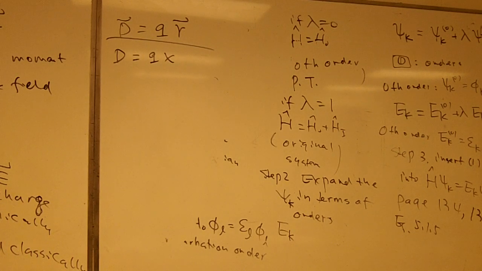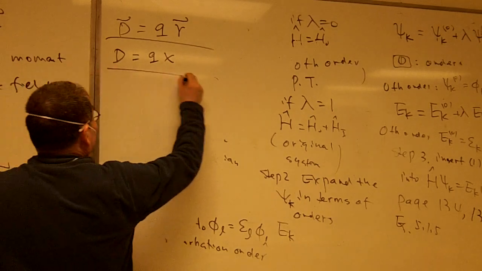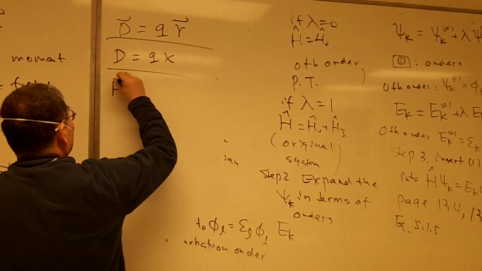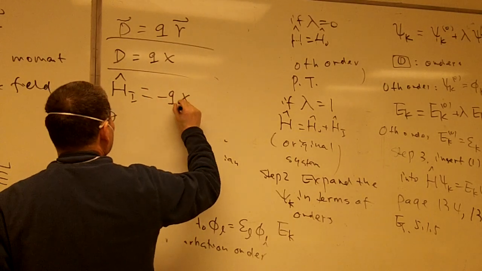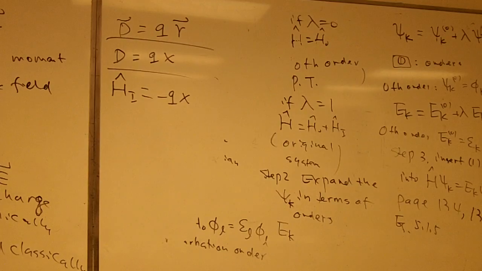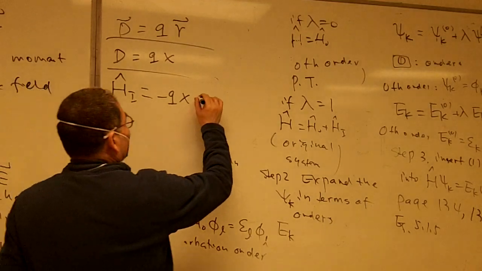So in other words, in one dimension, we will write this particular format. Then our Hamiltonian essentially will be negative q x, this is quantum mechanically, times E.